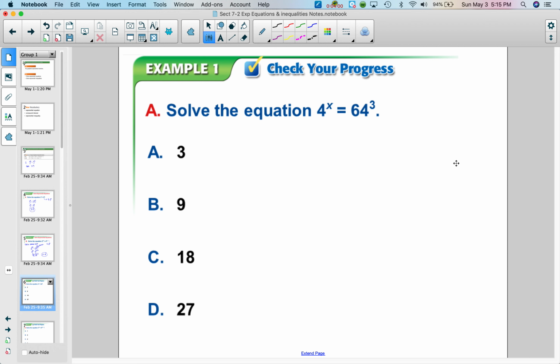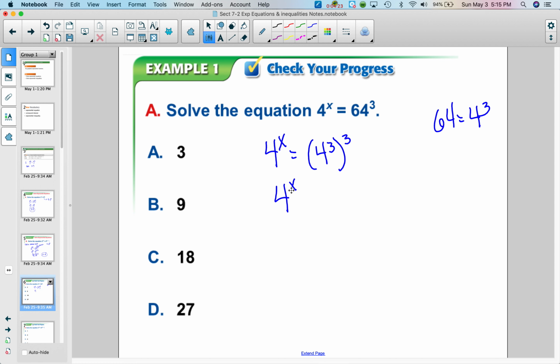So here's one for you to try. Pause it and try it. On this problem, you would have the option of changing them both, but you could also just leave this as 4 to the x and think of 64 as 4 cubed. So you would have 4 cubed to the 3rd power.